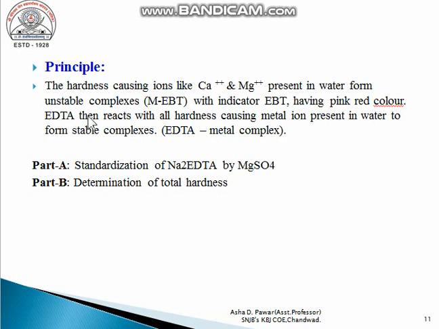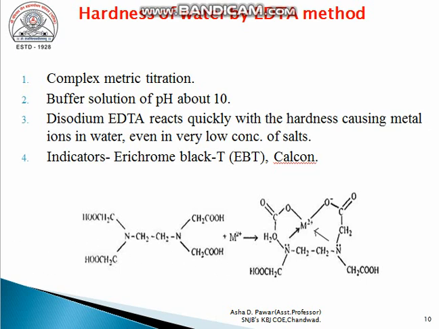In short, EDTA, that is the disodium salt, reacts with metal ions like calcium and magnesium in basic condition, at pH 10 buffer, in presence of indicator EBT to form a stable metal EDTA complex. When EDTA reacts with metal, a cyclic coordination complex is formed, which is known as a chelate also, and this metal EDTA complex is stable.